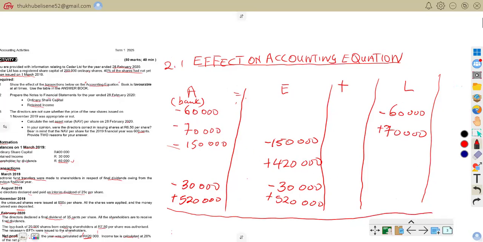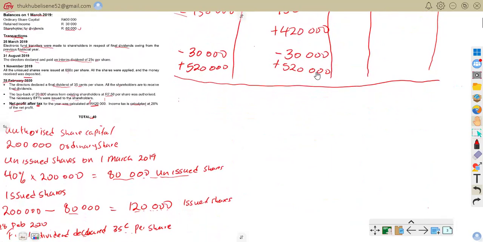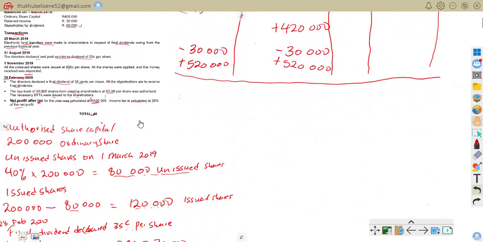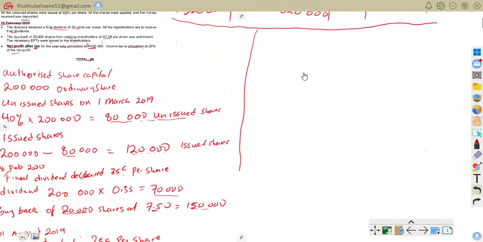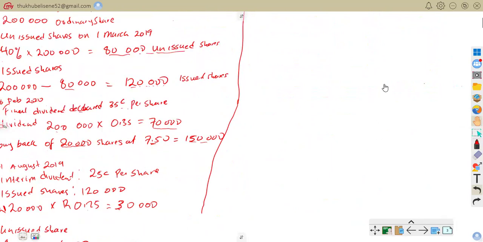Now we have to move on to 2.2. This is what we are going to do.